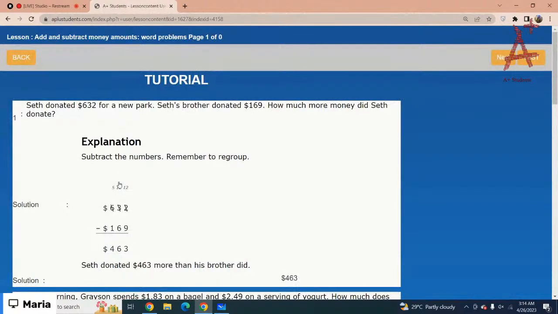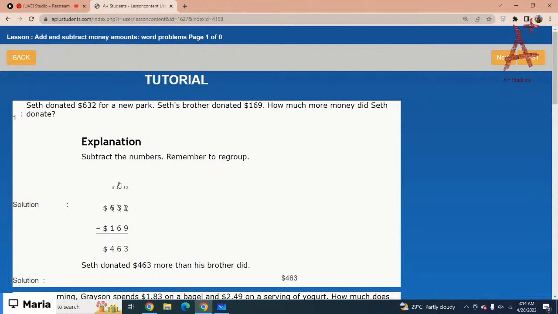Okay, Seth donated $632 for a new park. How much more money did Seth donate?